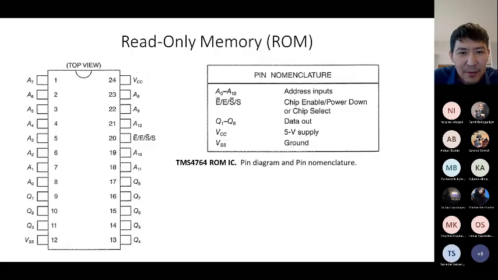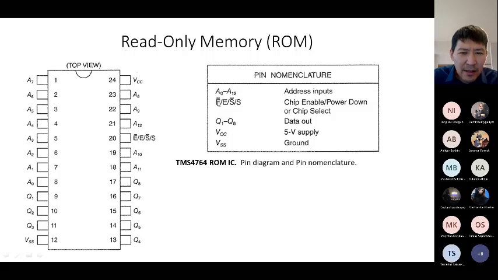Okay, this is the scheme of this read-only memory. What you can see here: it has 13 address inputs, and here we have data outputs. We have 8 outputs, and of course VCC and ground. But also there is E, or E NOT, which means you activate it by low or high. It depends. You can customize this if you order.